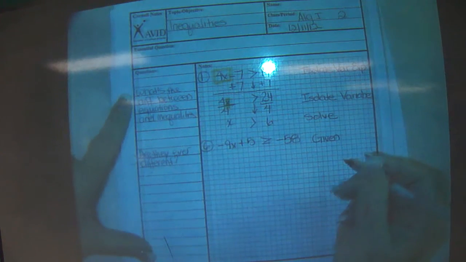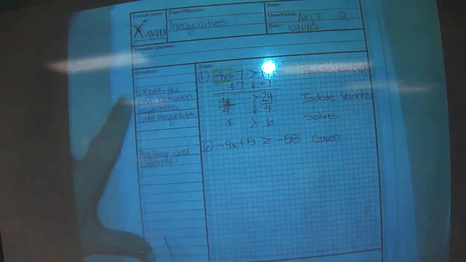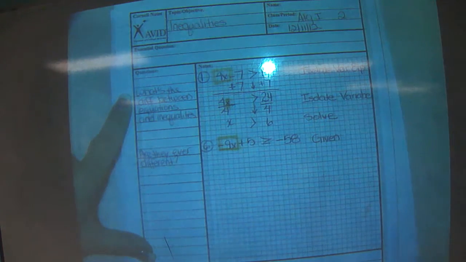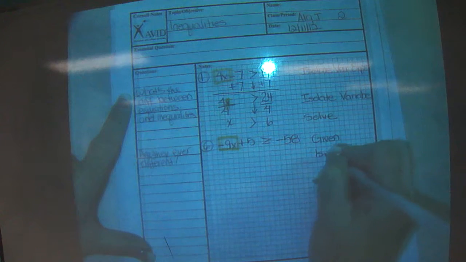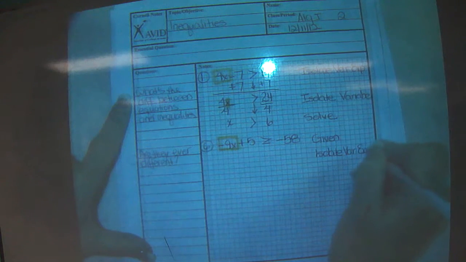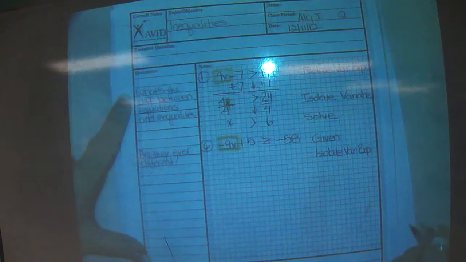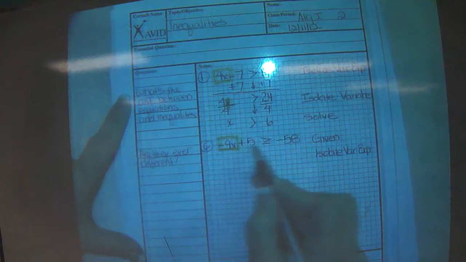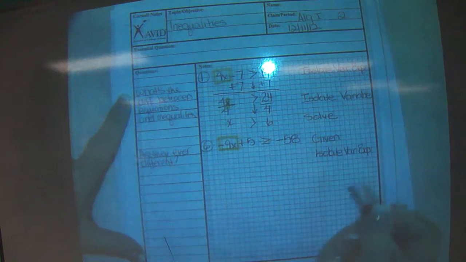Okay? So first we're going to isolate our variable expression, and how are we going to do that? Try and get negative 9x by itself by adding what to both sides? It's already a positive 5, so we're going to use negative 5.